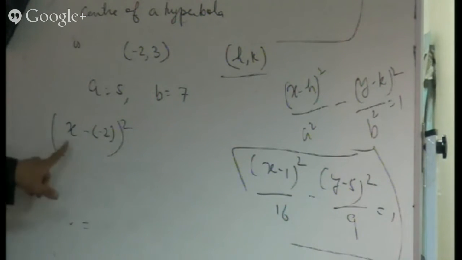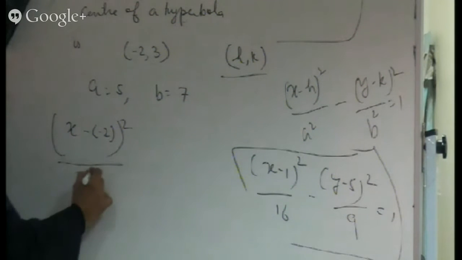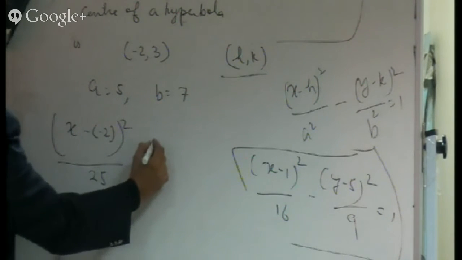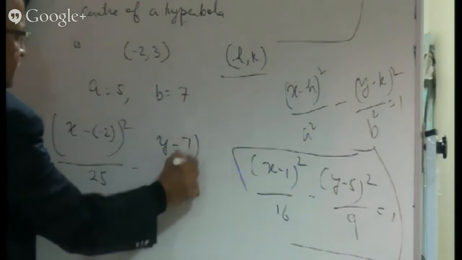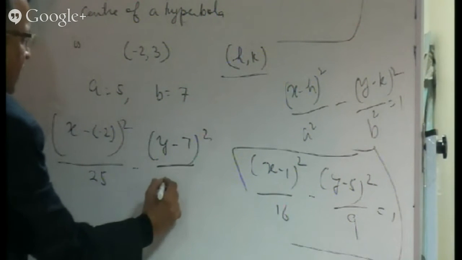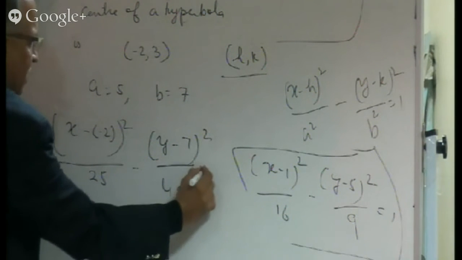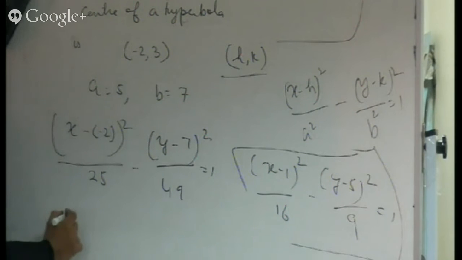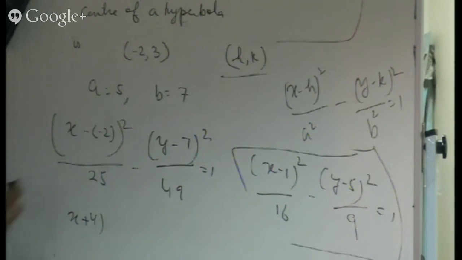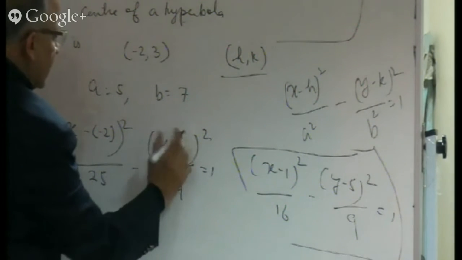So this divided by a square is 25 and b square is 49 equal to 1, and you can write x plus 2, y minus 3.